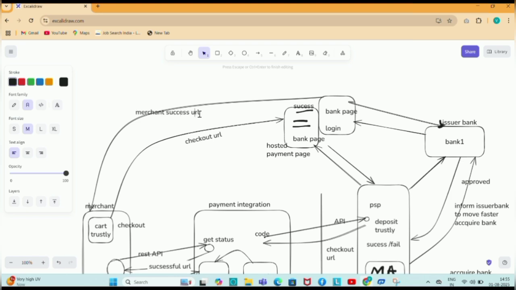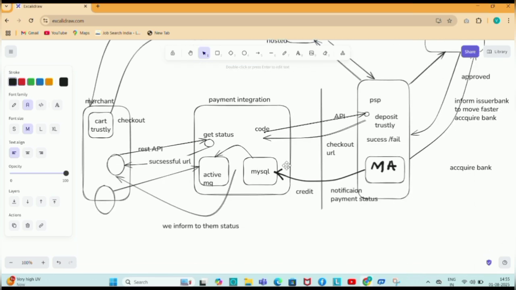It informs the funds to move to the acquiring bank. So this bank informs Trustly of a success. So it informs the pending notification. So it is a merchant successful URL. The bank will inform the Trustly system of the success.